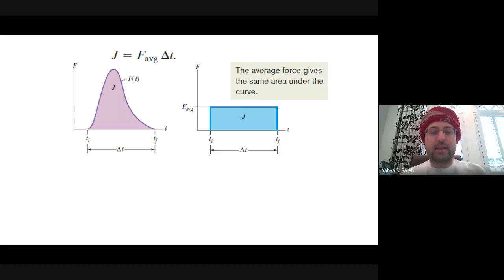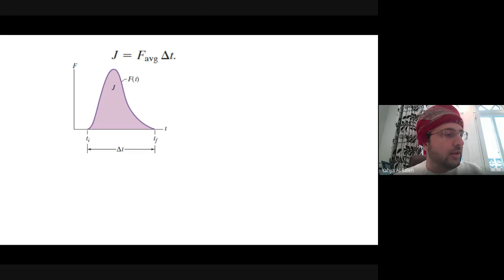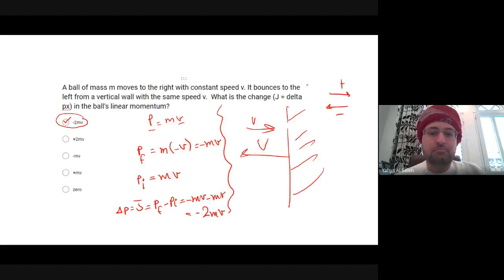Now, if you look at a curve of force and time, then J is the area under the curve. Now, what happens here is the shapes are very different. Why is P final negative? Because this is what the equation gives me. Because the direction changes.